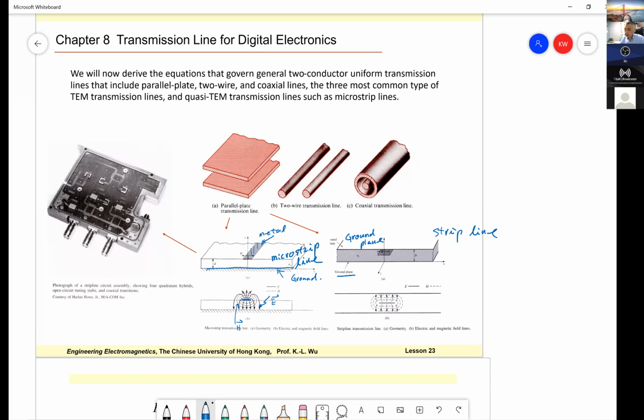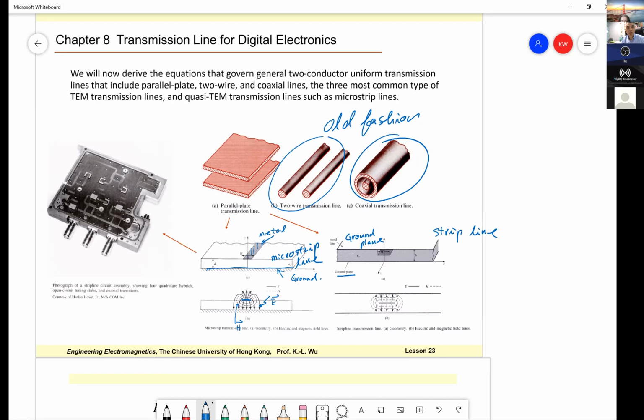The coaxial cable is very commonly seen. I guess your home cable TV uses coaxial cable. And this is a very old-fashioned transmission line using twin line. It has very little application right now.